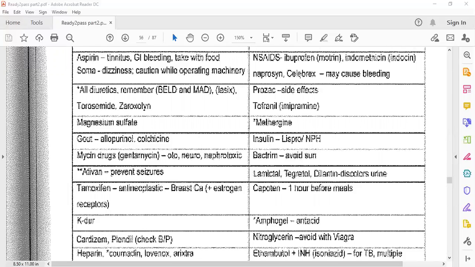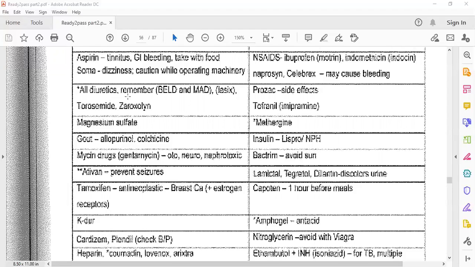High dose aspirin, I said, or low dose aspirin is not normally considered an NSAID, but high dose aspirin is considered an NSAID. Okay, so now let's go to diuretics.